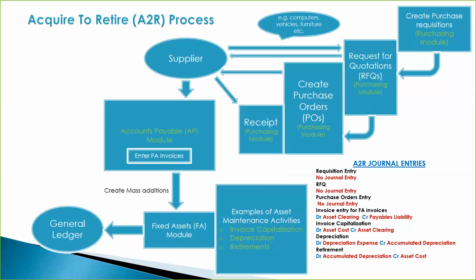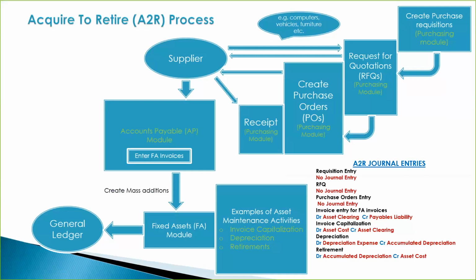Now, what are the journal entries for the acquire to retire process? As far as the requisition entry is concerned, there's really no journal entry, just like the procure to pay process. Also with the RFQ, there's no journal entry that is entered.